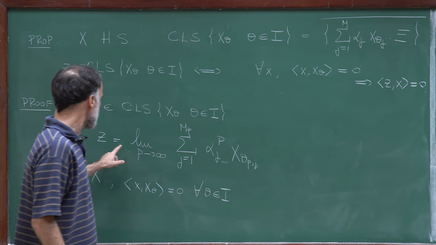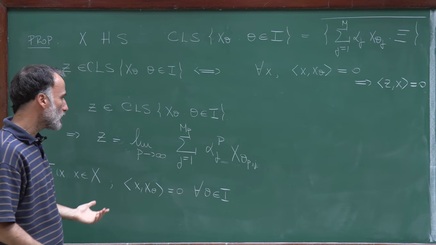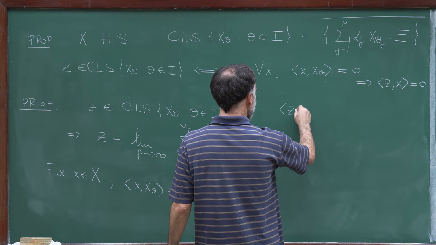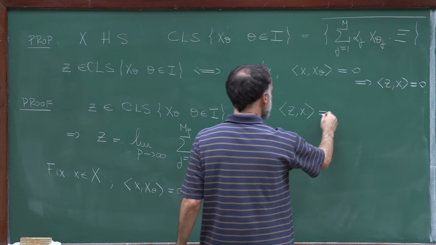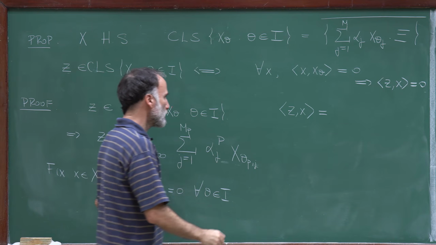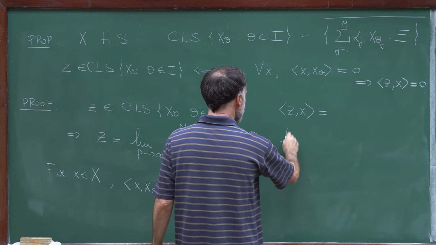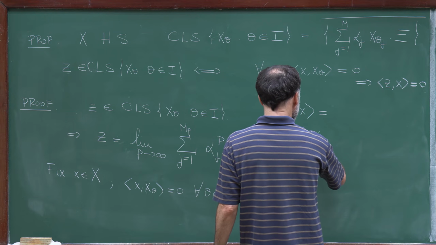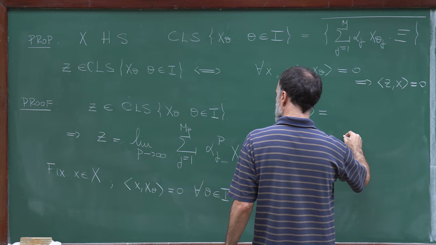Well, since Z is this limit and the scalar product is continuous, the scalar product of Z with x, by continuity of the scalar product, is equal to the limit in p of the scalar product of the sum with x.